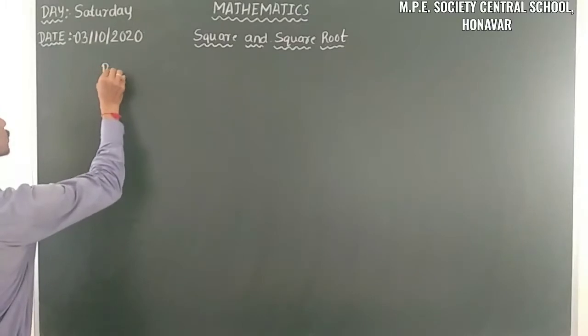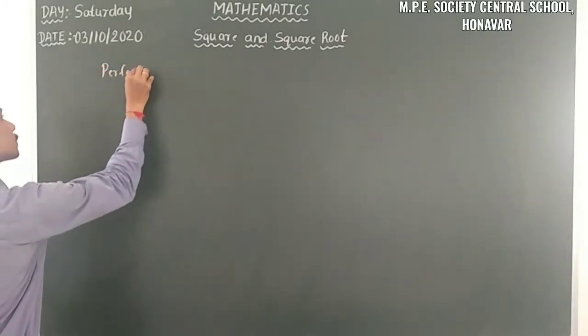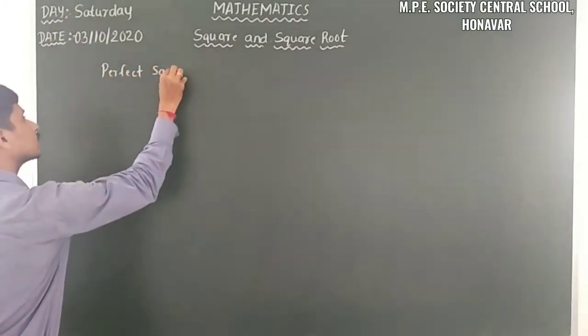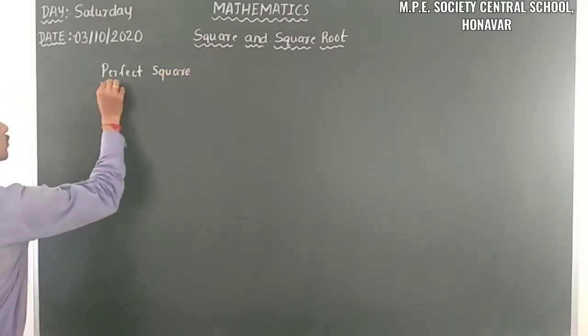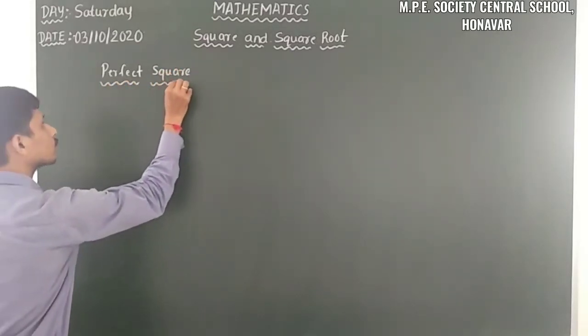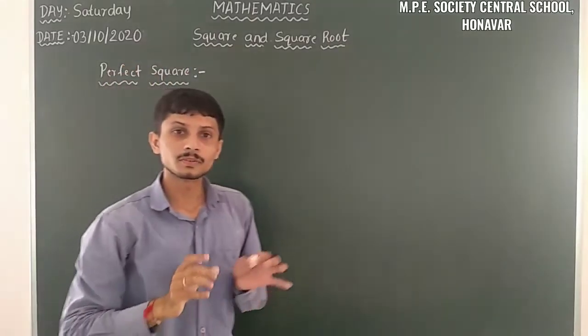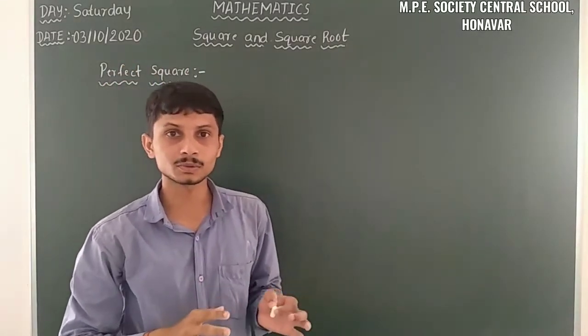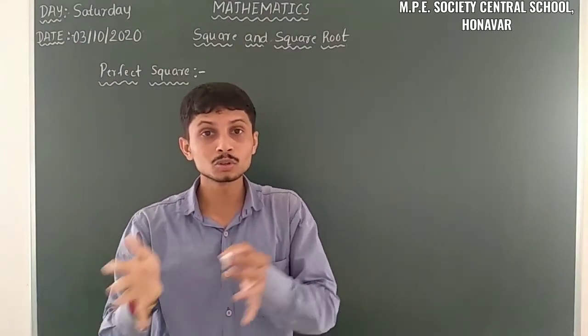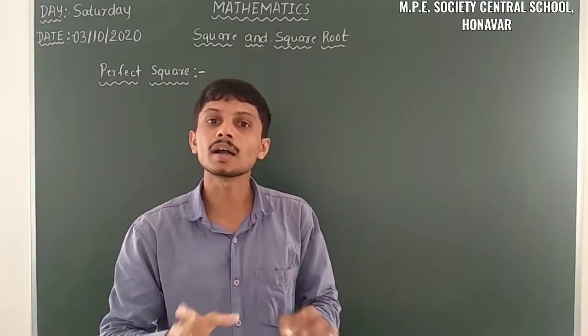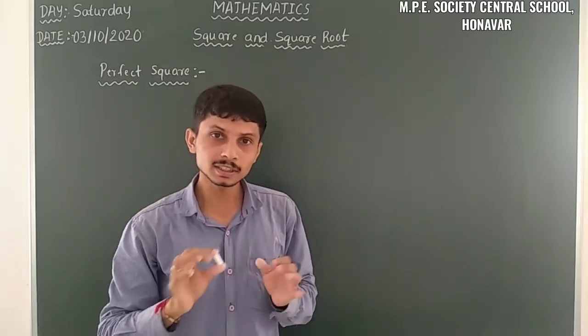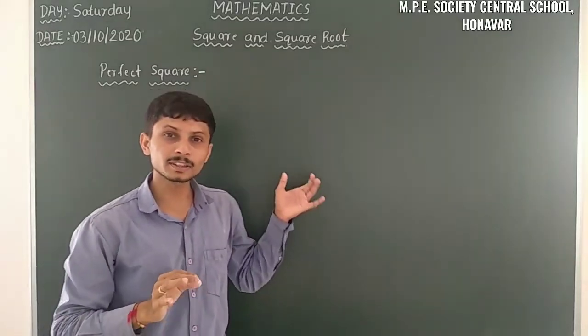Perfect squares. Firstly, we have to know about perfect squares, not in the geometrical view. We have to take it from an arithmetic point of view. So what is meant by a perfect square?